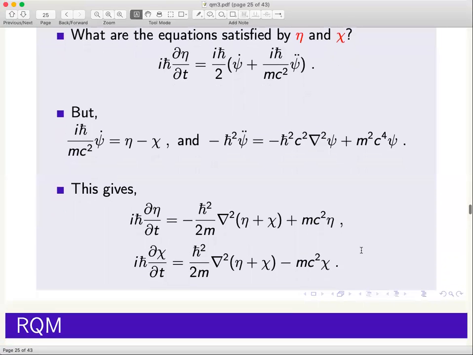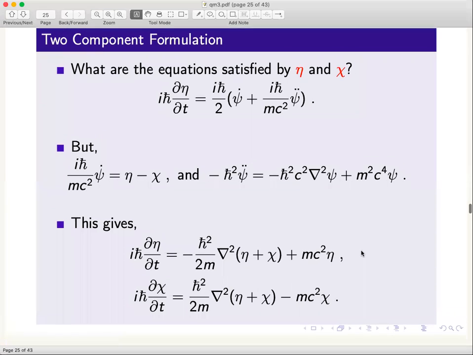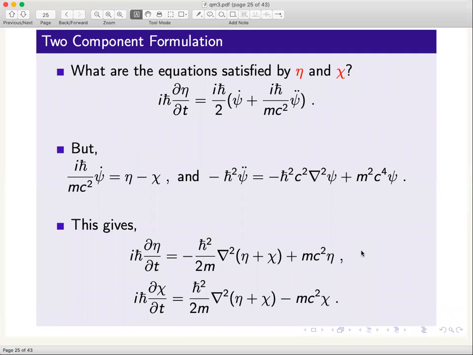Now, it should not come as a surprise here that if the particle carries no momentum, then of course the grad square acting on this entire piece would give you answer 0. And in that case the equations actually decouple, because if this gives you 0, then eta dot is related to eta and chi dot is related to chi.